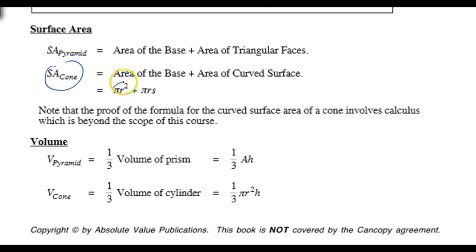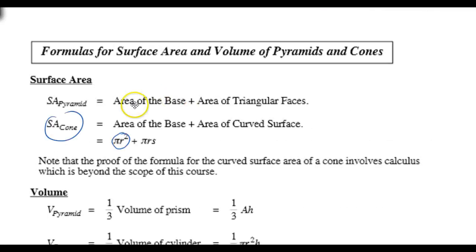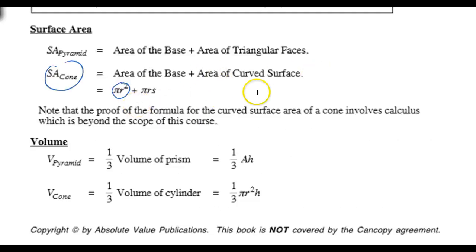Again, the pi r squared, well, that's just the area of the base, which is a circle. But then the area of the vertical part of the curved surface is pi r s. So it's pi times the radius times the slant. And you'll notice this little note here: you need to know calculus if you're going to prove that. Okay, so all you need to do is just plug numbers into the formula.